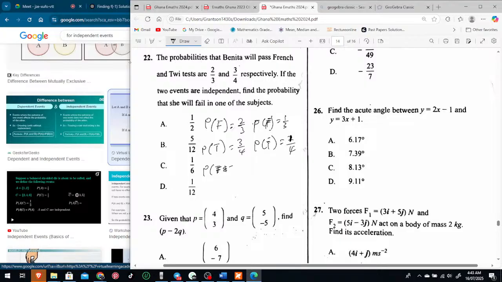So let's start with the probability of F prime and T. This and this multiplies 2/3 times 1/4, and 1/3 times 3/4. So 1/6 plus 1/4. When you add that, 4 plus 6 over 24, that is 5 on 12.